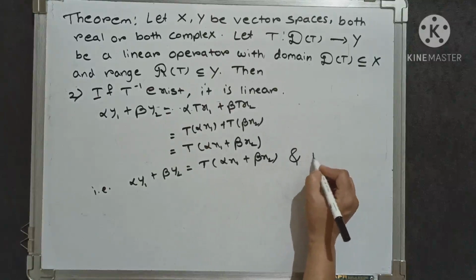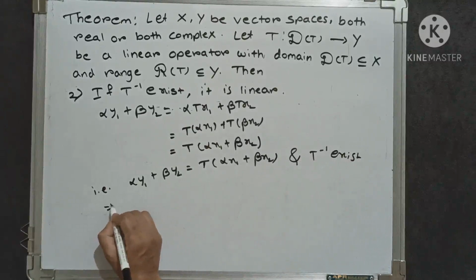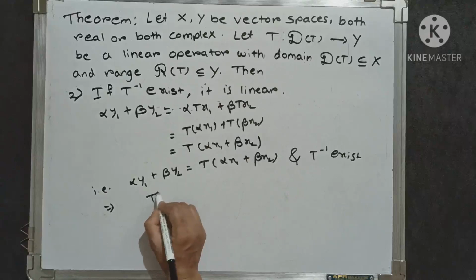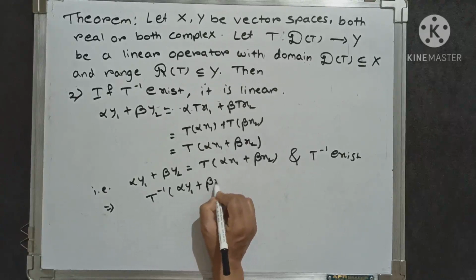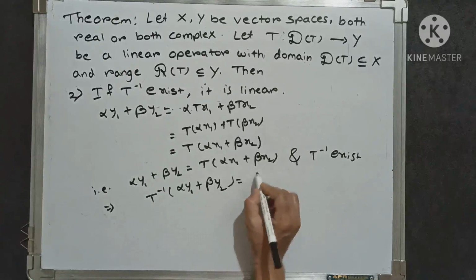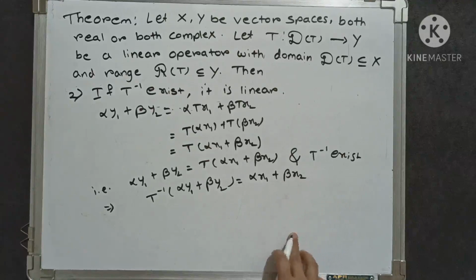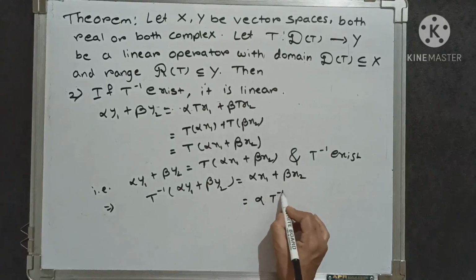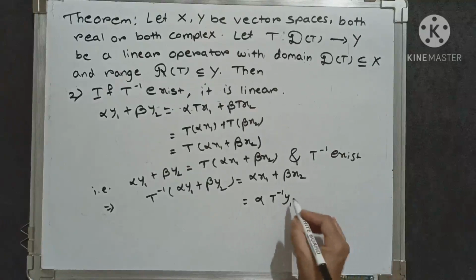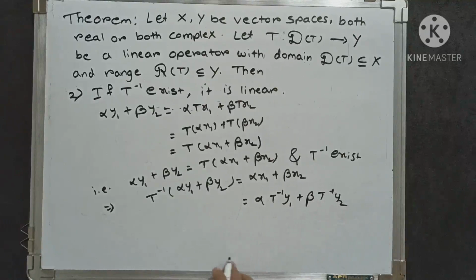And here again T inverse exists. This implies that T inverse of alpha y1 plus beta y2 equals alpha x1 plus beta x2. Now putting the values of x1 and x2, this equals alpha times T inverse of y1 plus beta times T inverse of y2.